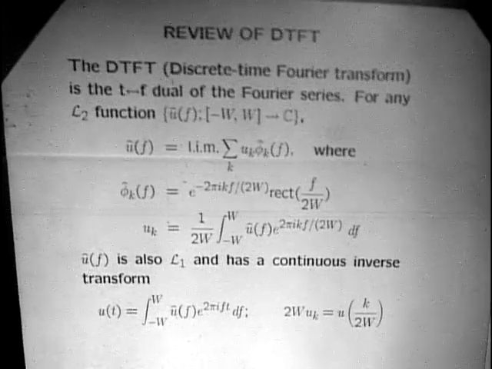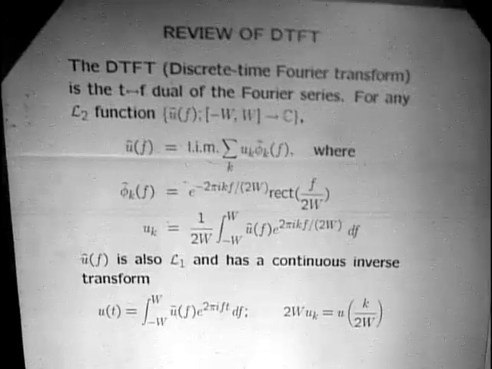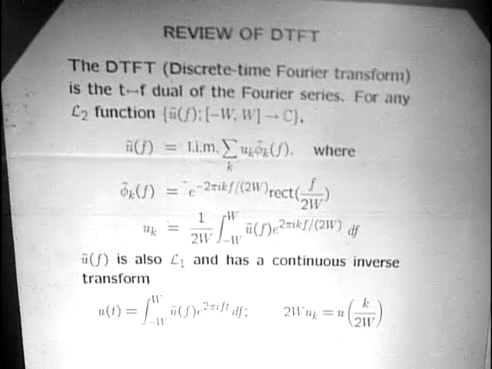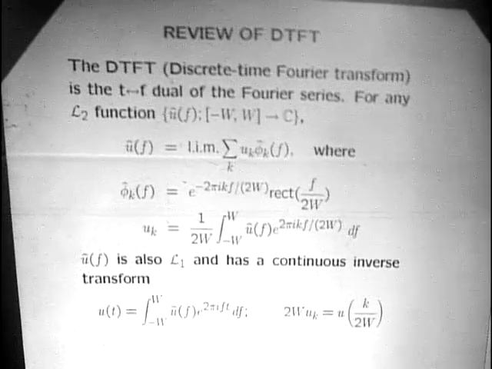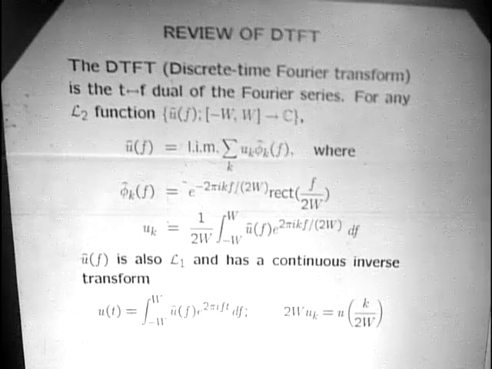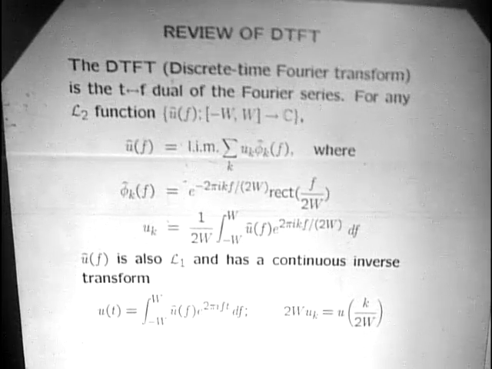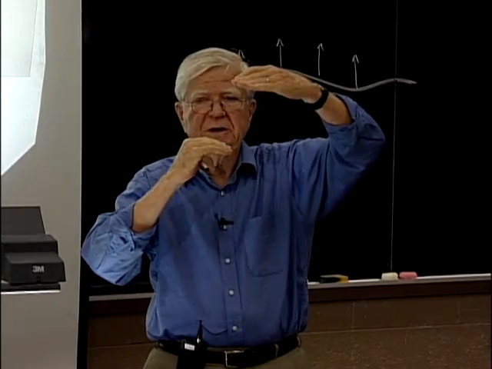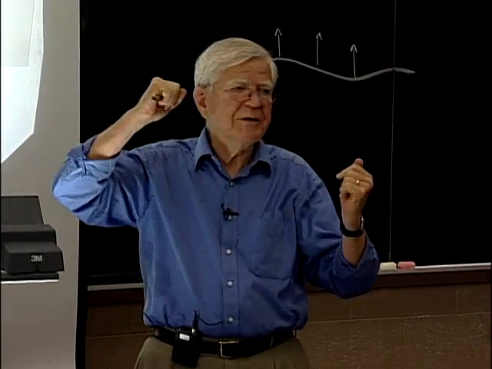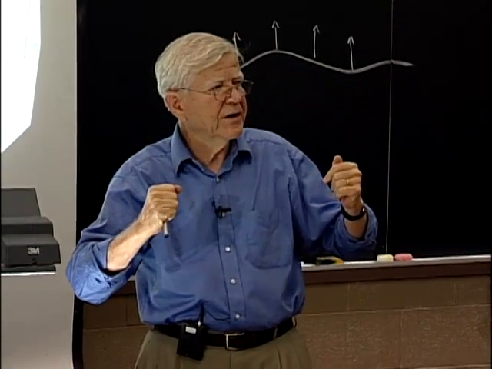The two of them are duals in a very different way than the Fourier series and the DTFT are duals. The DTFT and the Fourier series are duals in the sense that if you take the expressions for the Fourier series and change frequency for time and time for frequency, you get to the DTFT.